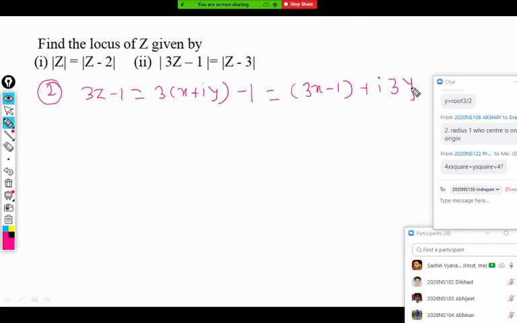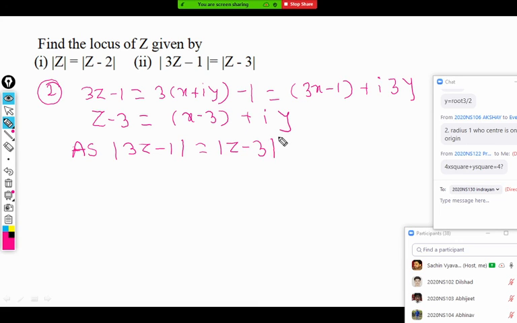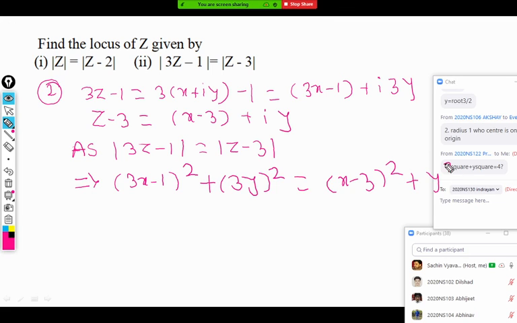And z minus 3 is x minus 3 plus iy. Mod of 3z minus 1 is mod z minus 3. That's given. So 3x minus 1 bracket square plus 3y bracket square is equal to x minus 3 bracket square plus y square.